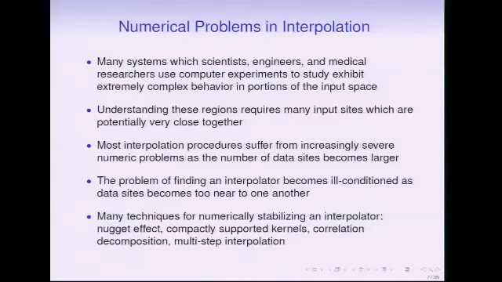So this is in a lot of ways similar to Pritom's issues that he was talking about earlier. So I'll motivate it. A lot of the systems people are interested in have quite complex behavior in particular regions.